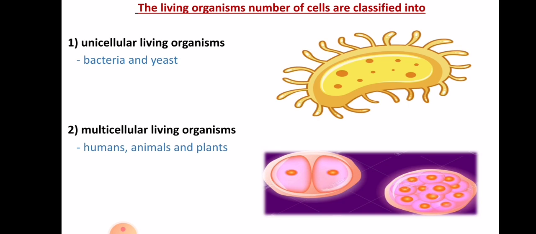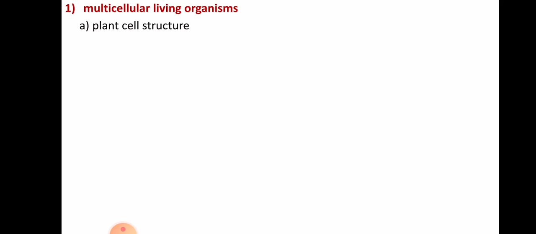Today, we will speak about the multicellular living organisms, and we will take into consideration the plant cell structure. The multicellular living organisms include animals and humans, and both of them have the same type of cell and the same structure, while plants have a different structure for their cell. So today we will talk about the plant cell structure.